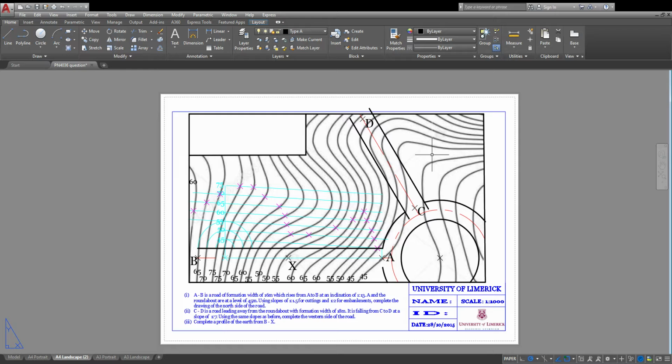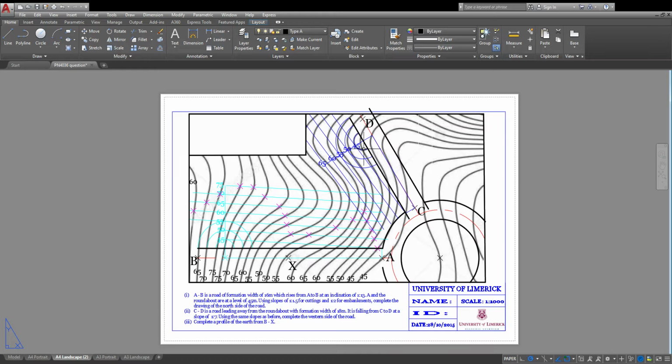So now what we want to do is, once again, our cut cone, because our contours here are higher numbers than 45, so it's a cut cone. So I'm going to put in my cut cone again. Now I know this might become a bit hard to see, but we've basically done the same thing again.